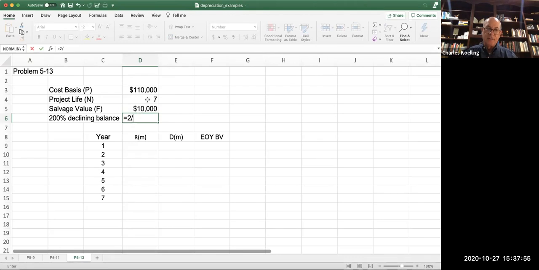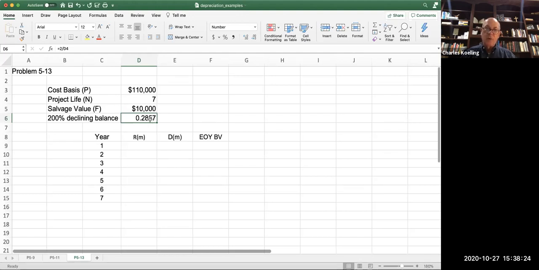2 divided by 7, and that gives us, well, let's get some decimals here. That gives us our depreciation rate each year. Now, whereas straight line depreciation has a constant amount of depreciation, double declining or declining balance in general has a constant rate of depreciation.